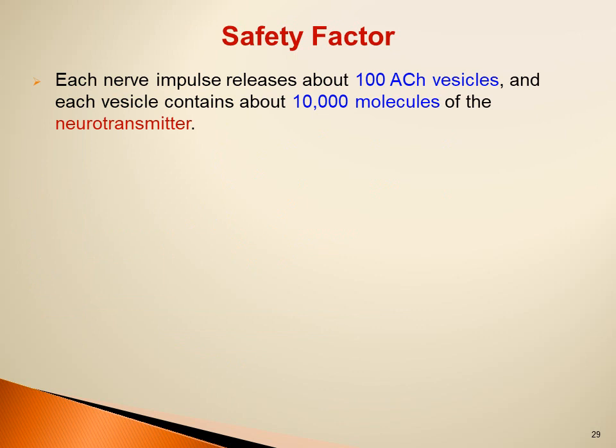Now let's talk about the concept of safety factor. Each nerve impulse releases about 100 up to 300 acetylcholine vesicles, and each vesicle, as we said, contains between 5,000 and 10,000 molecules of acetylcholine.